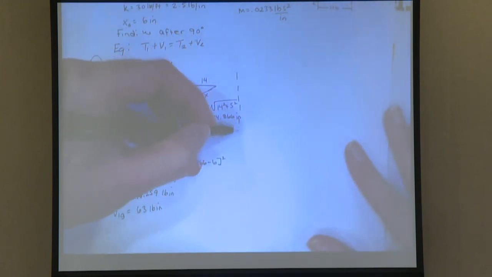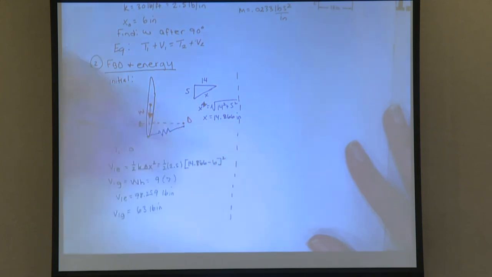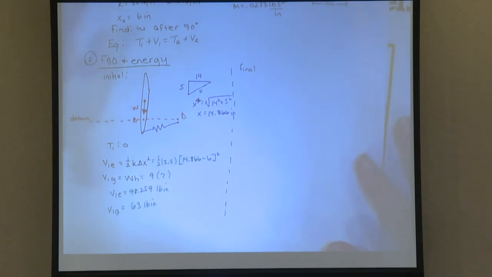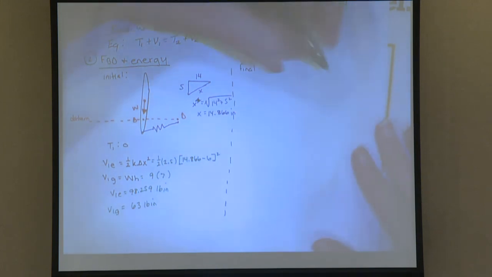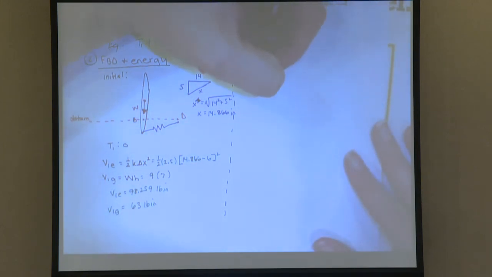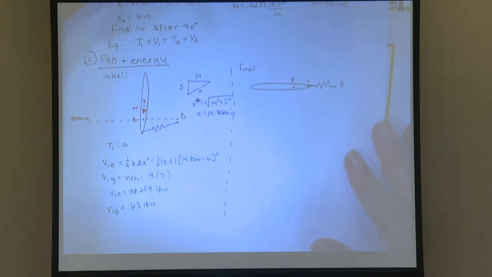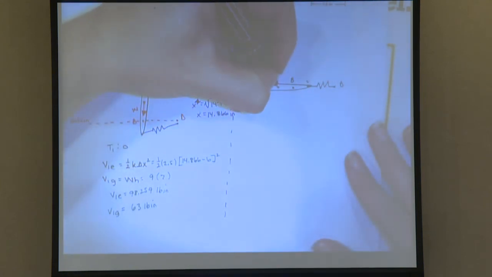And I'm going to draw this line straight down the middle of my page. So now we're going to look at final. For the final position, it says it's rotated through 90 degrees, and it's rotating about point B. So there's my point B, here's my spring, which is attached to C and D. And then my weight is still applied there.